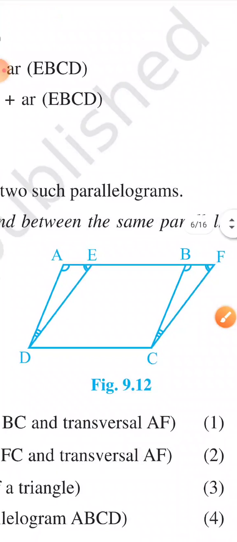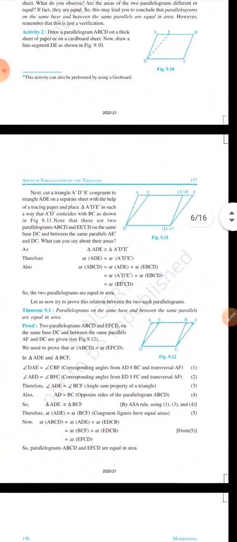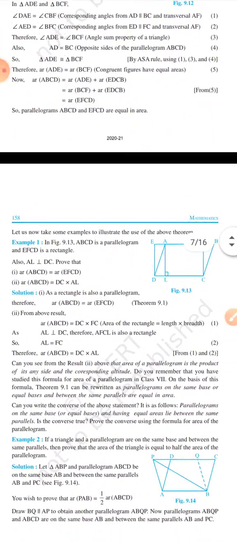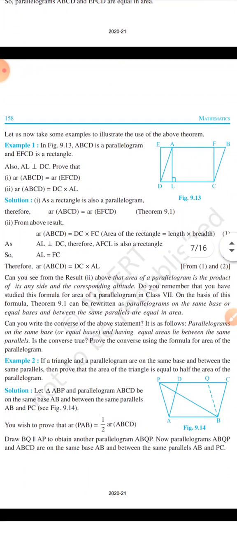Now let's move on to the questions related to these. In this question we are given that ABCD is a parallelogram. We have to prove that the area of ABCD is equal to the area of that rectangle. The rectangle is also a kind of parallelogram, and this rectangle and parallelogram both are lying on the same base and between the same two parallels.